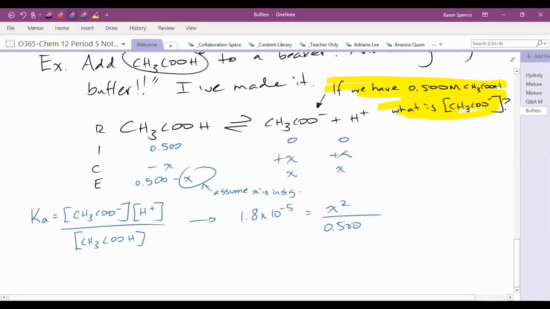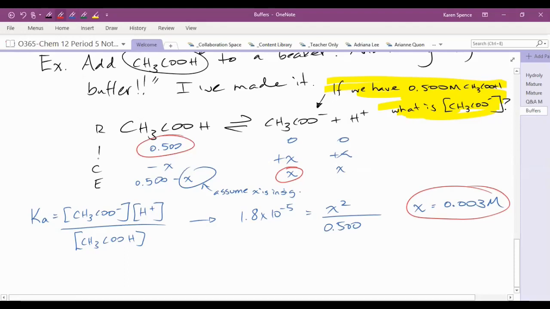Toss that in the calculator: 1.8 times 10 to the minus 5 times 0.5, take the square root, and x is equal to 0.003 molar. So what that means is that our concentration of acetate is 0.003 molar, and our concentration of acetic acid is 0.5 molar.